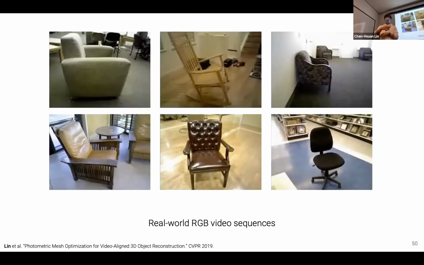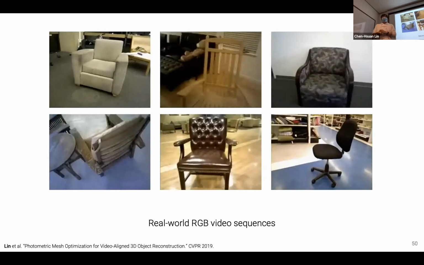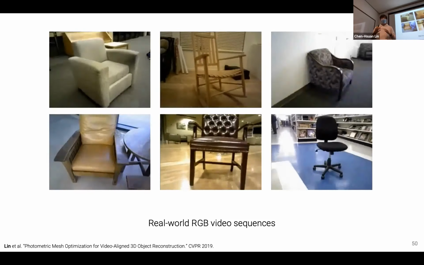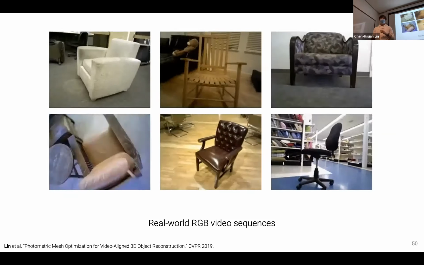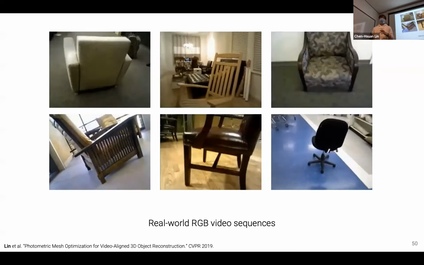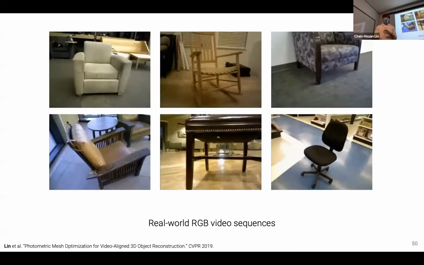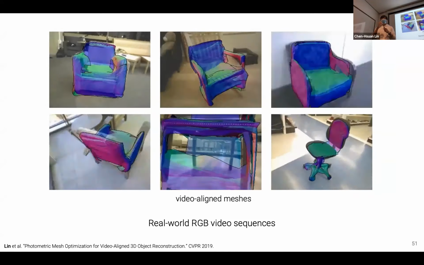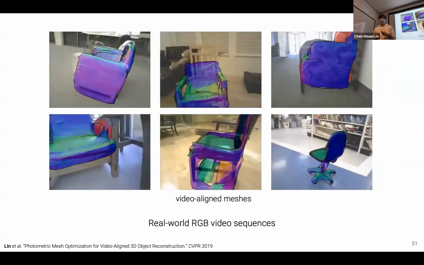And we can look at some of these real world results, where we have object centered videos looking around these chairs. We can do the same by running the same pretrained model, optimizing over the latent codes of the pretrained model, so that we can see these chairs are deformed and aligned to the video sequences here.